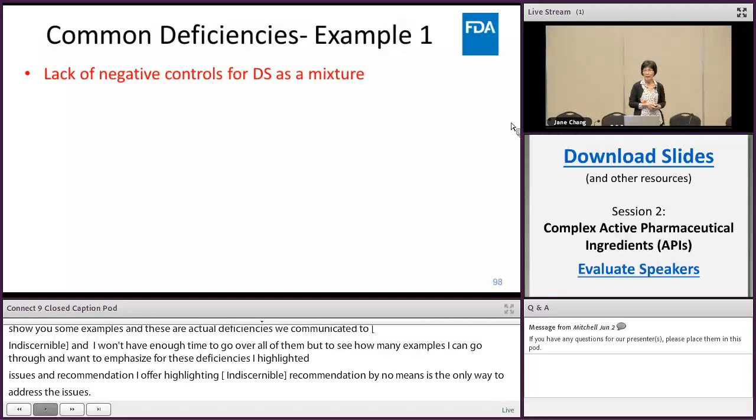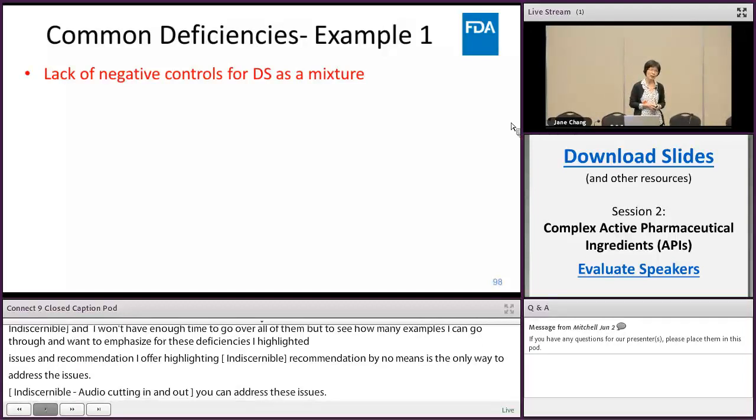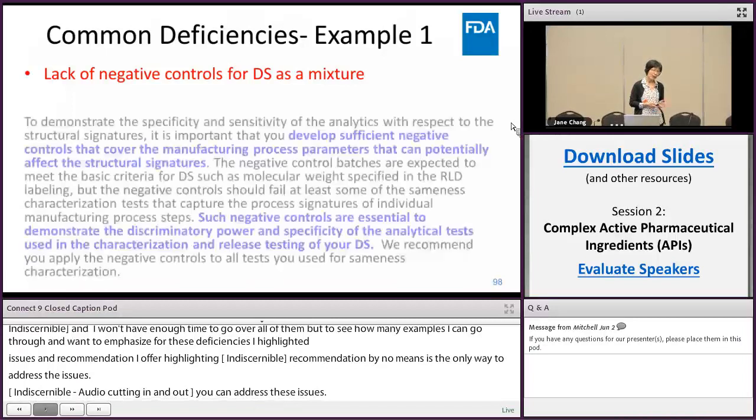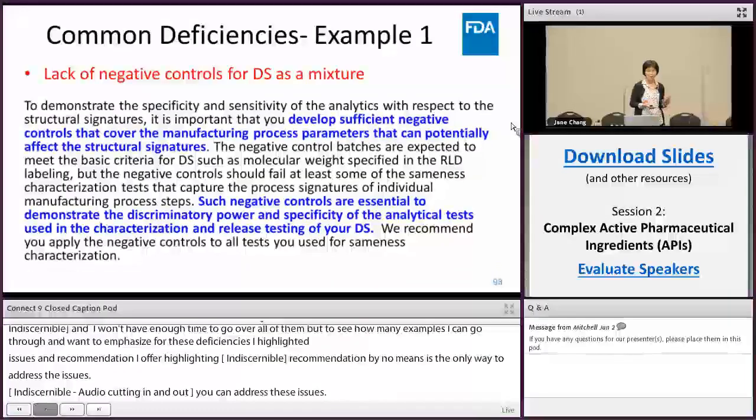For example, enoxaparin or glatiramer acetate. This is a very lengthy, busy slide, so I'll give you a minute to read.